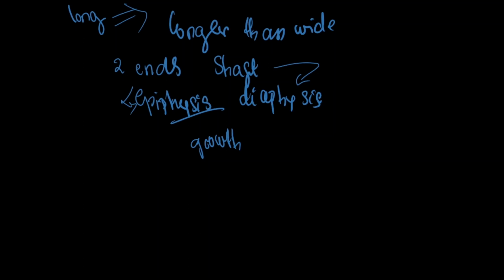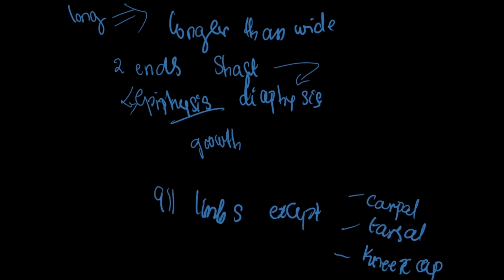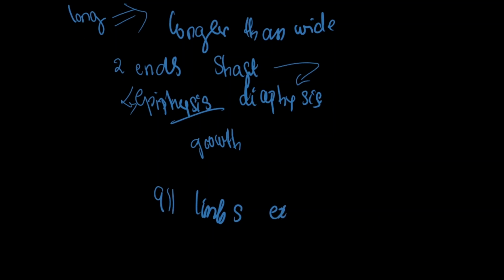As we will get to see when we consider ossification, we have an epiphyseal plate and then the epiphysis. This is just to accommodate growth in general. It's good for us to take note of the fact that all the bones of the limbs are long bones, except the carpals, the tarsals in the lower limb, as well as the kneecap.